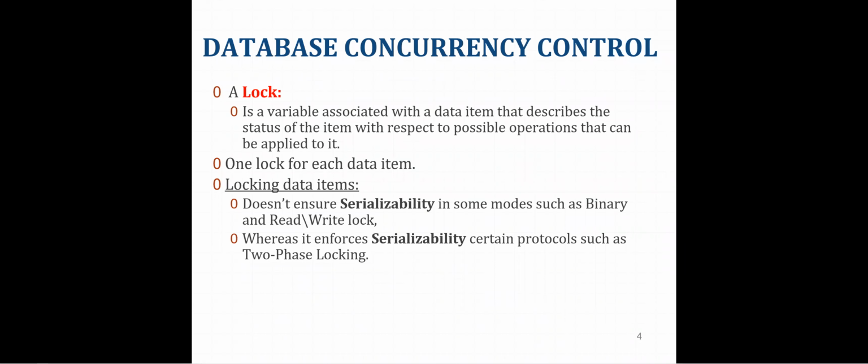It will be just like a variable, and we will learn about it more in the coming slides. So one lock for each data item. It will let us know if that data item A or X or Y, etc., is locked or unlocked.